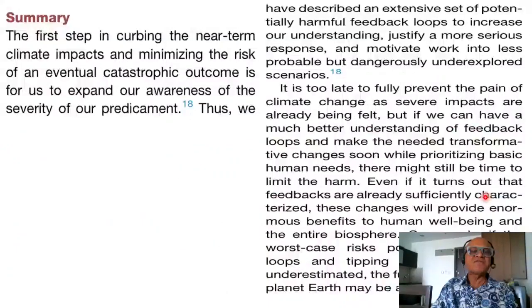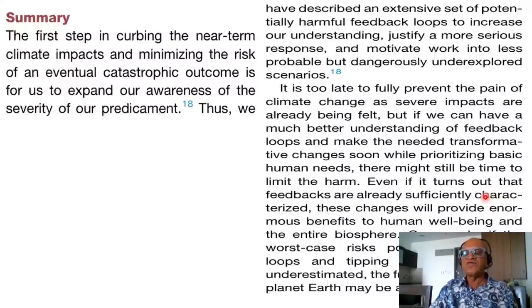So to summarize, the first step in curbing the near-term climate impacts and minimizing the risk of an eventual catastrophic outcome is for us to expand our awareness of the severity of our predicament. Thus, we have described an extensive set of potentially harmful feedback loops to increase our understanding, justify a more serious response, and motivate work on less probable but dangerously underexplored scenarios.